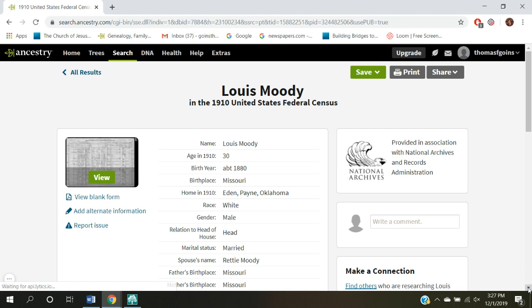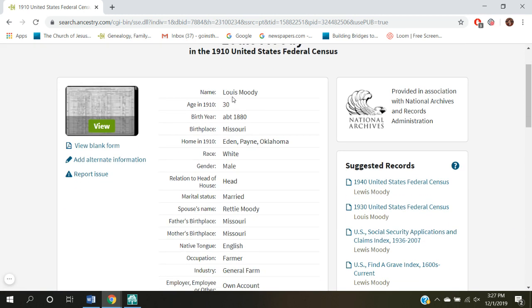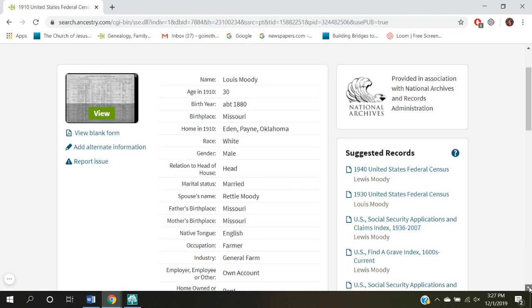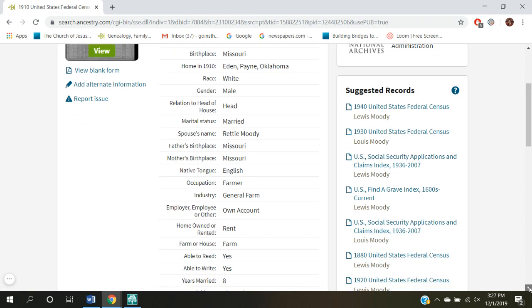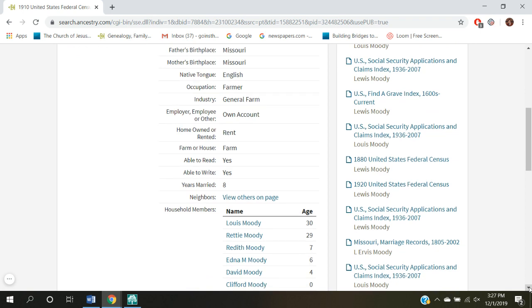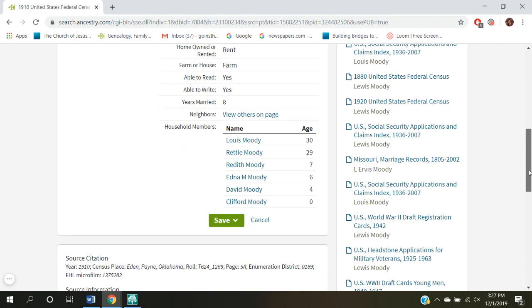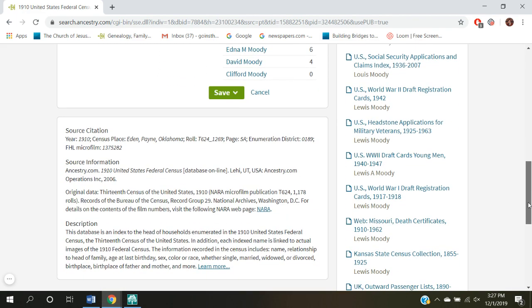Scroll down, and we have Lewis here spelled differently than what's in the family tree of that lady, but that's okay. Looks like a lot of the records are spelled both ways. And in the United States, it's spelled both ways. The best place to check probably is going to be a gravestone, which might be on Find a Grave if they actually have a photograph, or one of the military records that he would have filled out, because he would have done that in person.